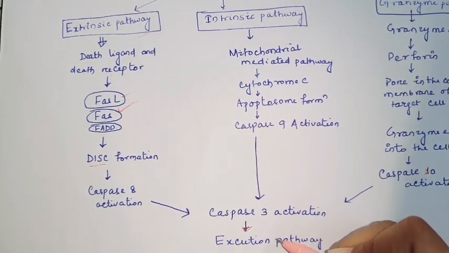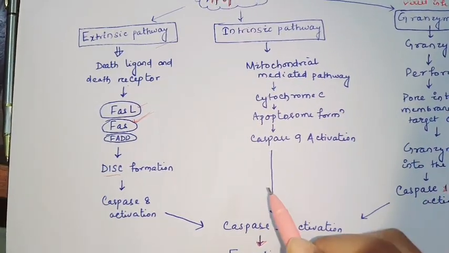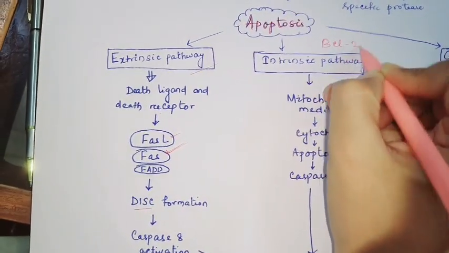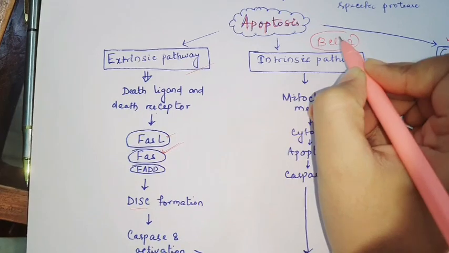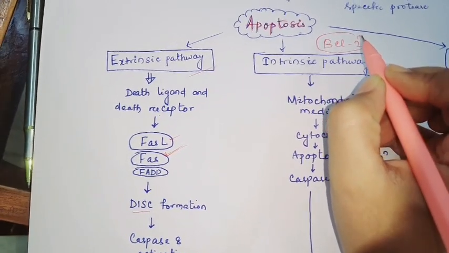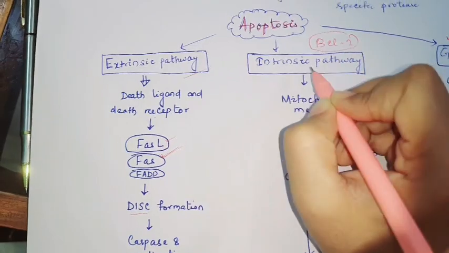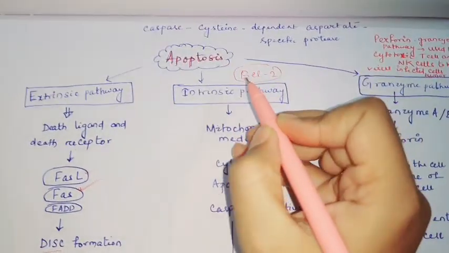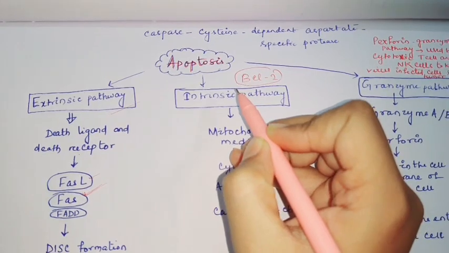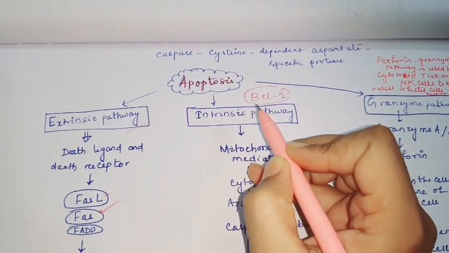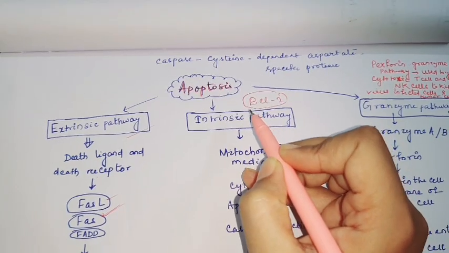Another thing, this intrinsic pathway is mainly regulated by the BCL2 family of proteins. Okay, so this BCL2 family of proteins mainly includes anti-apoptotic members and pro-apoptotic members. Pro-apoptotic members promote apoptosis, and anti-apoptotic members inhibit apoptosis.